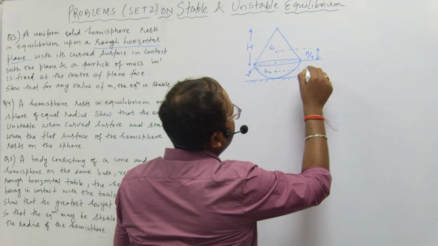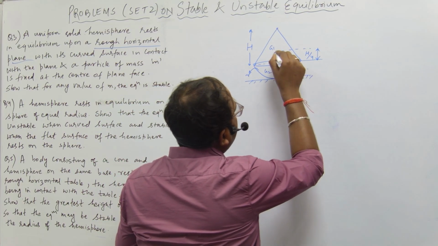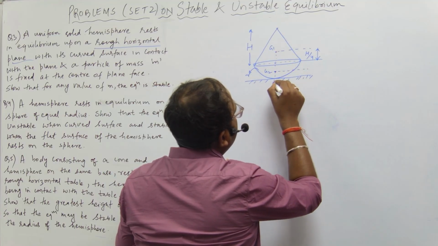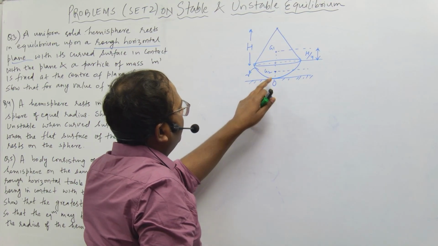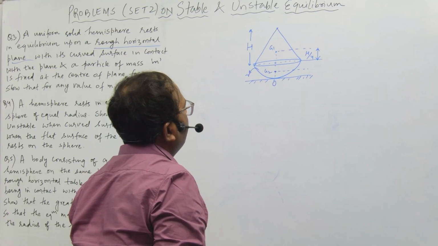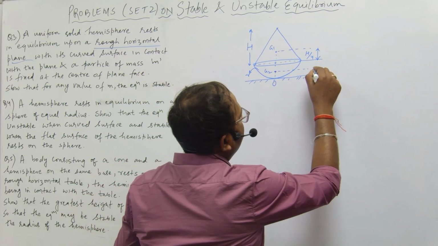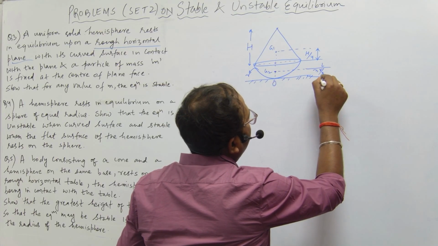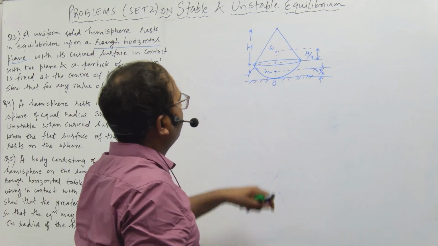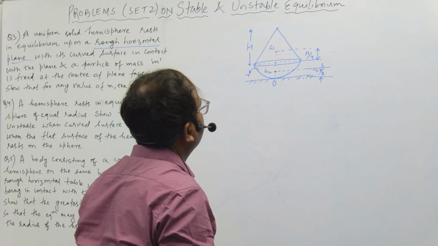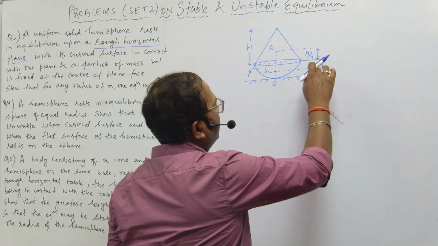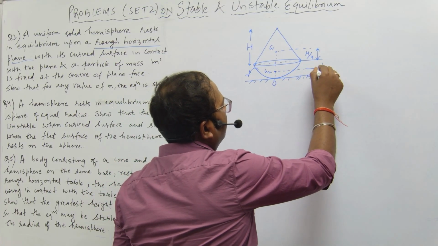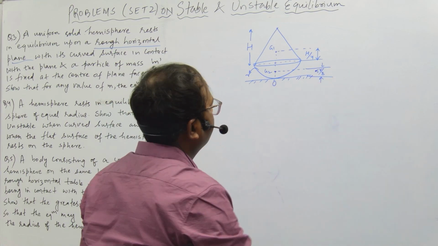Now let us take this point as O. The position of the center of gravity of the hemisphere will be at a distance of 3r upon 8. This is OG2 is 3r upon 8. Sorry, this is 5r upon 8.